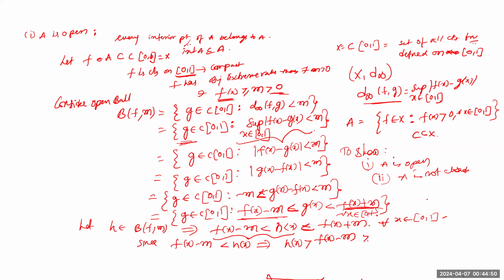F of x is greater than m, so that is m minus m, that is equal to 0. So your h is greater than 0. If h is greater than 0, what does that mean? That implies h belongs to A, right?